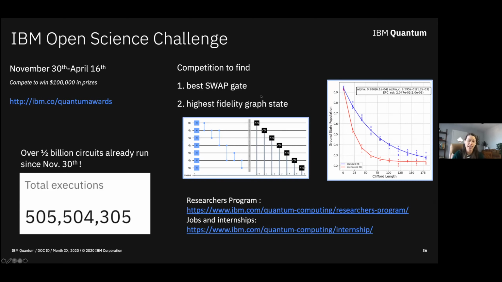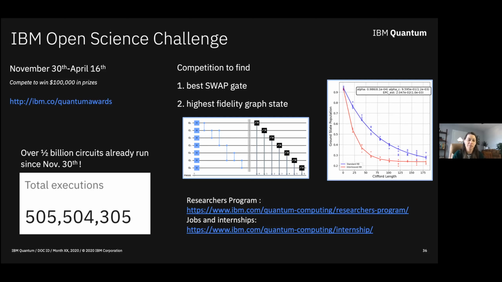The goal is to show that you can make a swap gate through Qiskit Pulse or however, and swap gates on our system have to be done by compiling CNOTs right now. But you could imagine through better control techniques that you could produce something with a higher fidelity. So the goal here is to design a swap gate, some kind of implementation of it, and measure its fidelity with randomized benchmarking and show that you've got the highest fidelity of anyone in this competition.